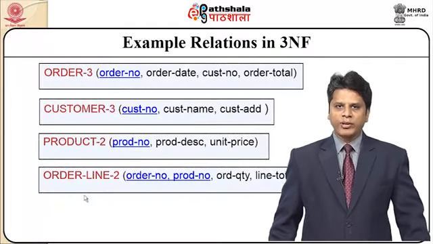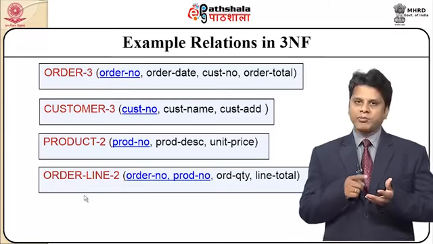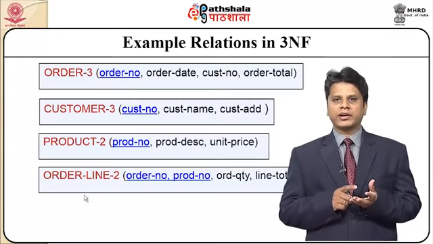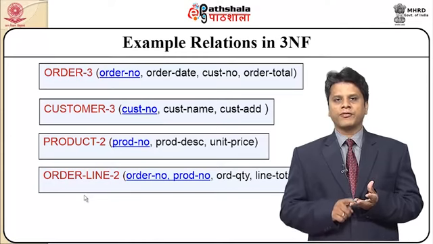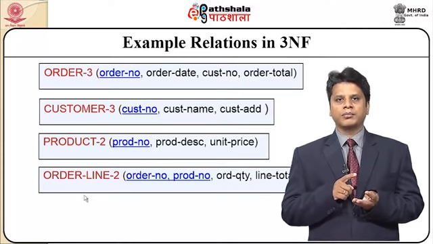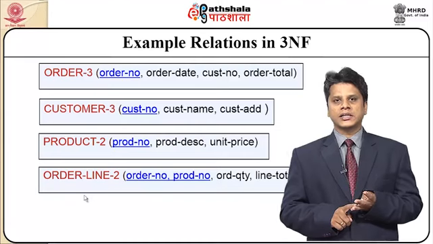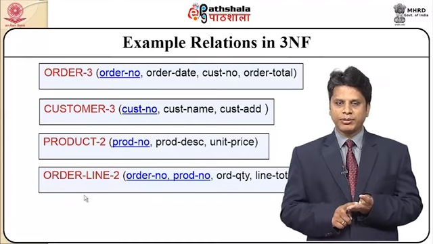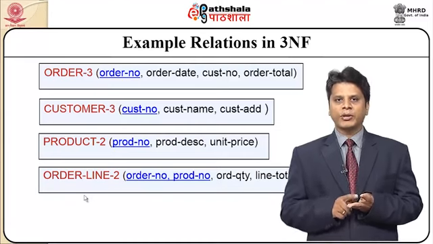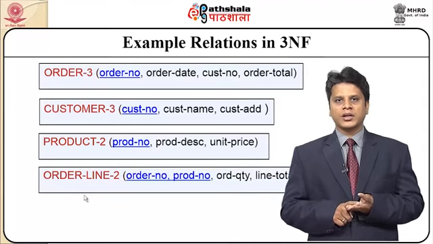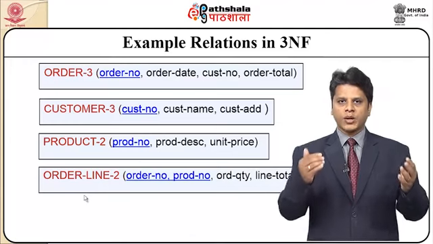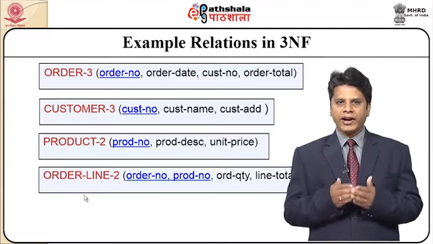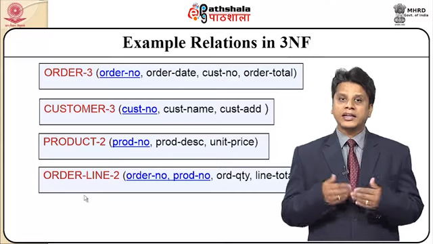So, after performing this normalization from the unnormalized format, we have tried eliminating repeating groups, we have tried eliminating partial functional dependencies, and we have found transitive dependencies. After performing 3 different normal forms, a relation which had a list of attributes from an unnormalized format is being divided into many relations.